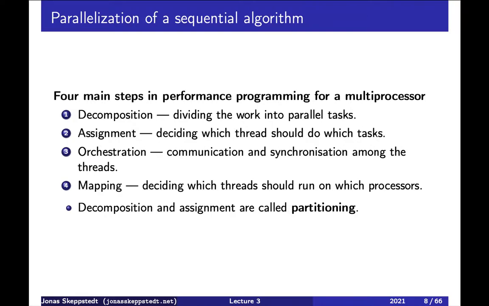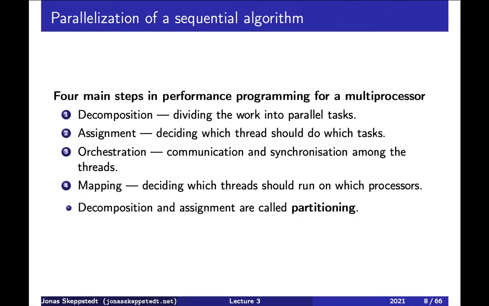This is probably where we spend most of the time. Mapping is usually not done because it's automatically done by the operating system. Namely, that we want to say that this thread should run on this CPU, and these threads can run on any CPU, for instance. But usually we can neither do nor want to control the program at that detail.